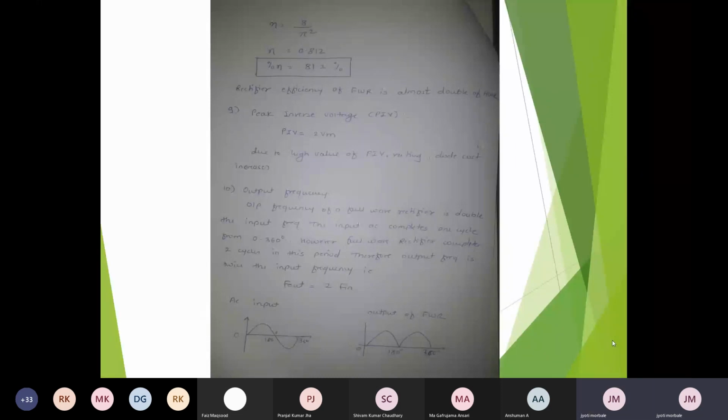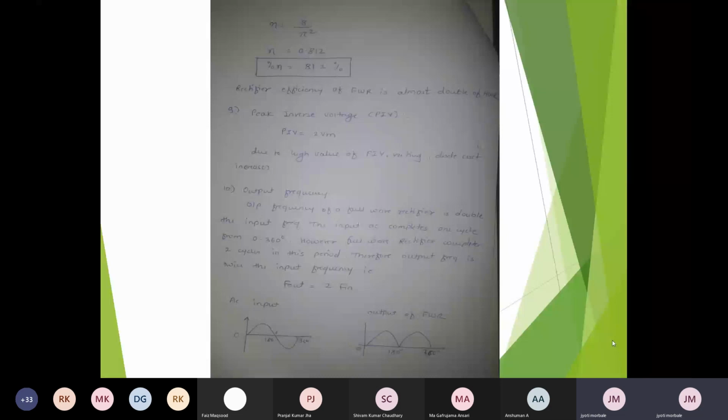ओके, सो ये एक पॉइंट एडवांटेज का है, ये एग्जाम में भी आ सकता है। Then peak inverse voltage for the full wave rectifier is 2 Vm, so this is actually twice of the input voltage the diode should withstand. Diode should be capable for handling this much voltage in the reverse bias state.